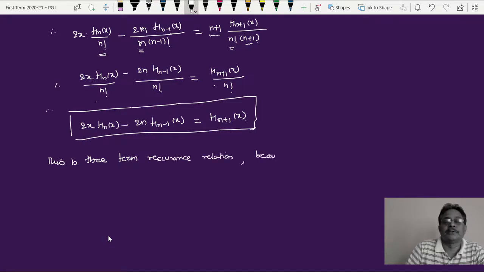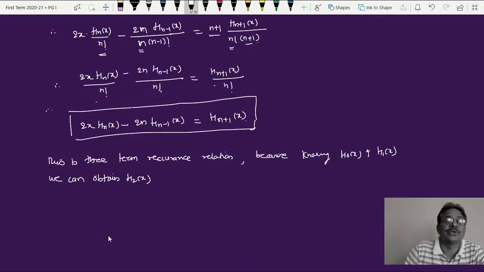Because knowing H0 of x and H1 of x, we can obtain H2 of x. This is like H0, this is H1, this is H2, so like that.